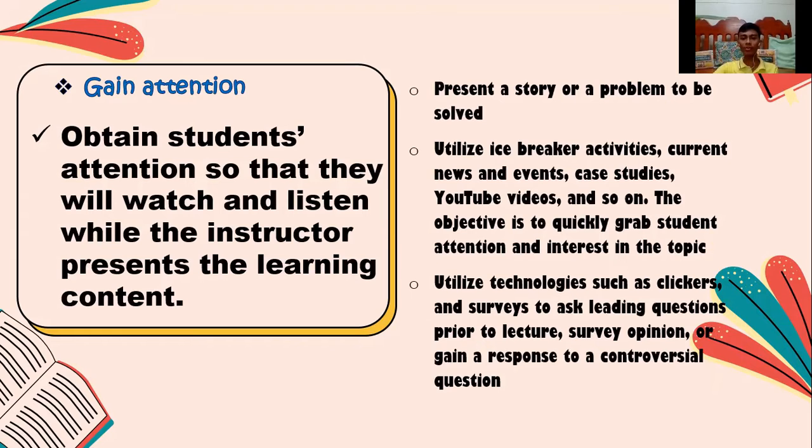Next, utilize technologies such as clickers and surveys to ask leading questions prior to lecture, survey opinion, or gain a response to a controversial question. We can also make our students post questions and the other students will answer them. Those are ways to gain the attention of our students.